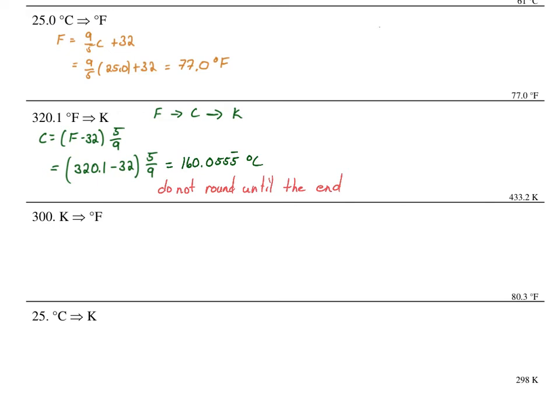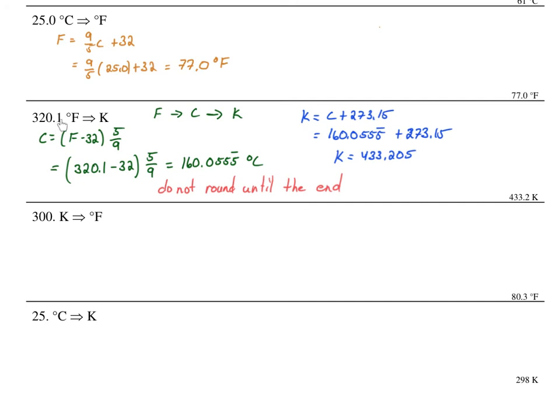Once we have the Celsius temperature, we can convert that to Kelvin, because we know that Kelvin is going to equal the Celsius temperature plus 273.15. So our calculator answer for the Kelvin temperature is 433.205. So we go to our sig figs.